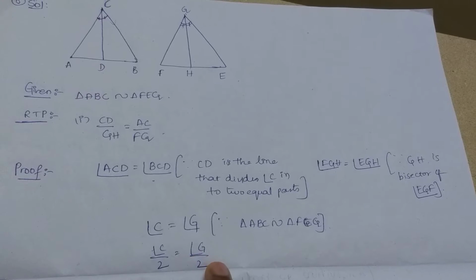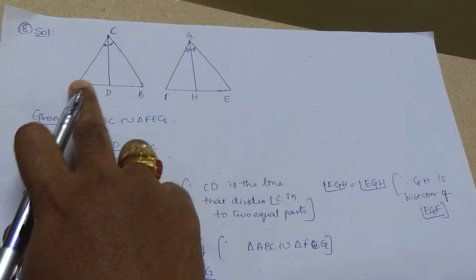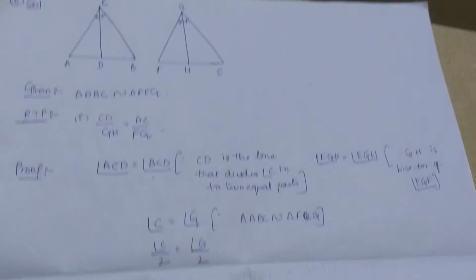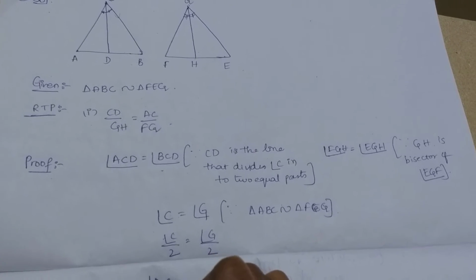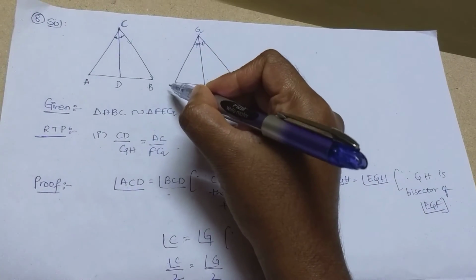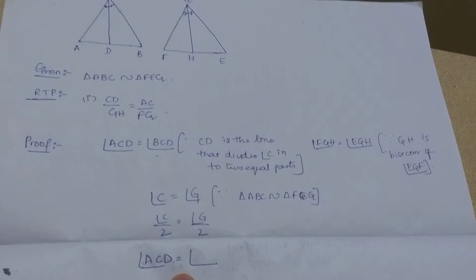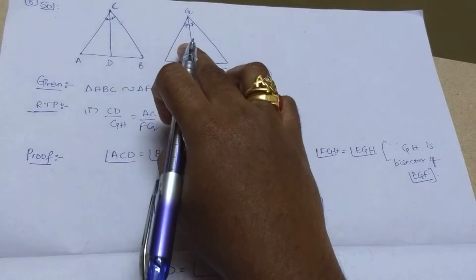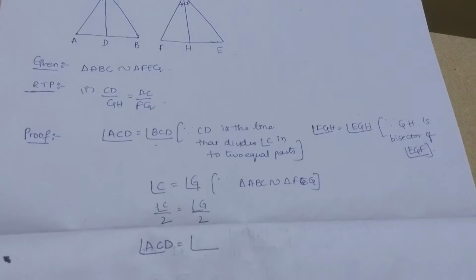Angle C by 2 is nothing but angle ACD, and I can write this equals angle FGH, because corresponding angles are equal if two triangles are similar.